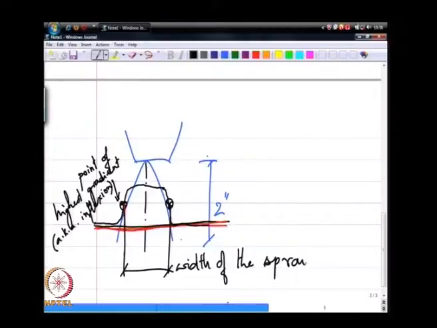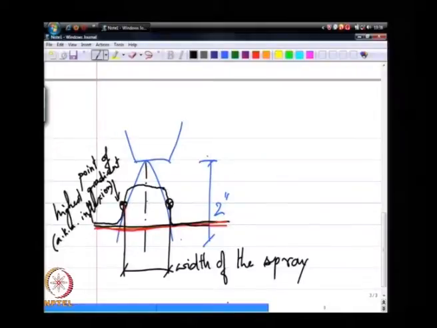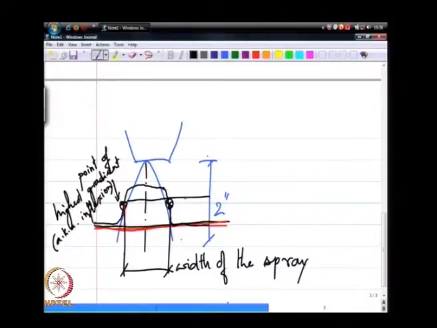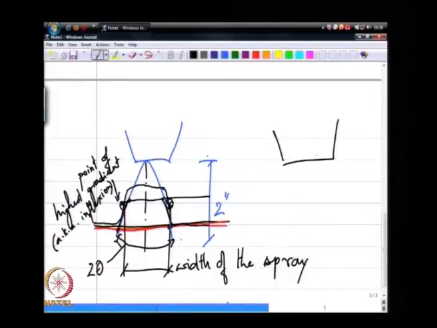At this axial location. So, typically what is done is that you could get the width at a couple of different axial locations, and through a curve fit figure out what the cone angle would be. So, that 2 theta is calculated knowing what the spray width is here, spray width is at another axial location, and the fact that I have the nozzle here.